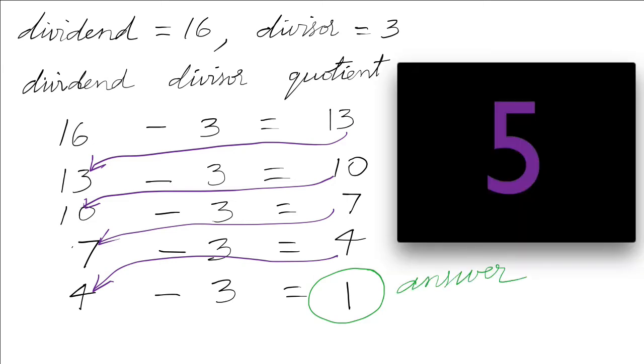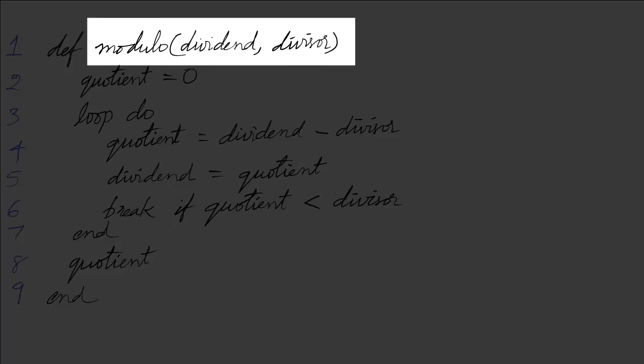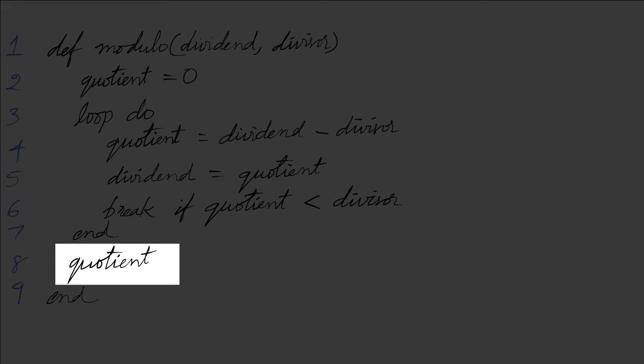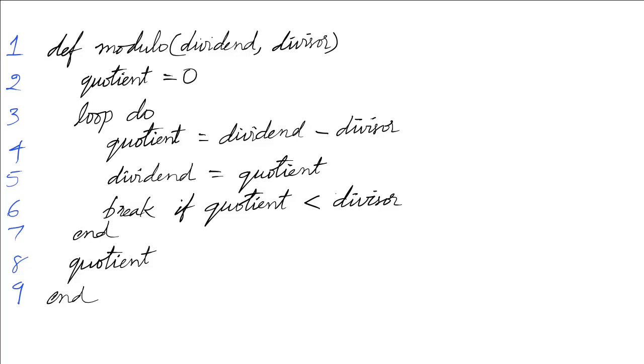Pause the video now and write a program that uses iteration to compute modulo. The method modulo takes 2 arguments, dividend and divisor. We need to return the remainder as the answer. This is the variable called quotient. Before we enter the loop, we need to initialize the quotient variable to 0.